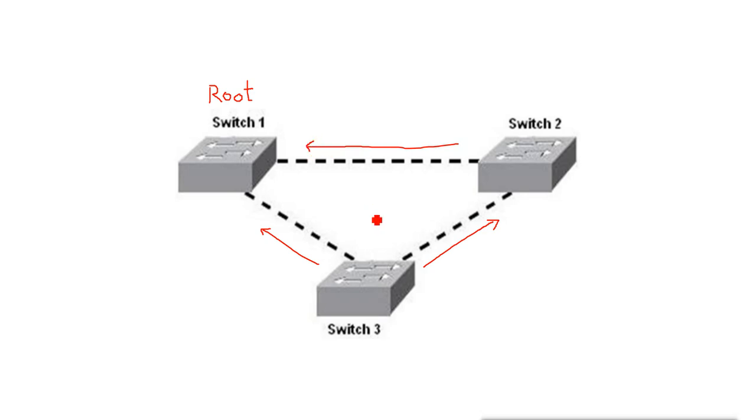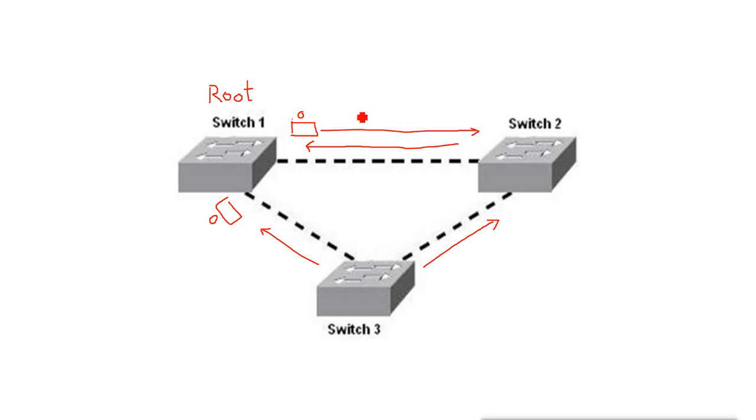Now switch 3 has to choose the shortest path. So how will it consider the shortest path? It will see the BPDUs coming from the root bridge. The root bridge will send the BPDU on all of its links, and it sets the path cost as 0 on both links. Now this will go here and reach switch 2.